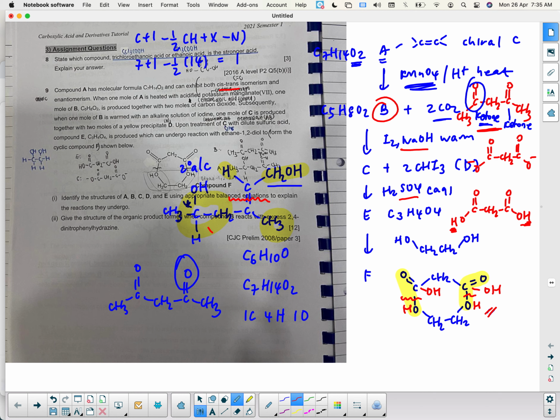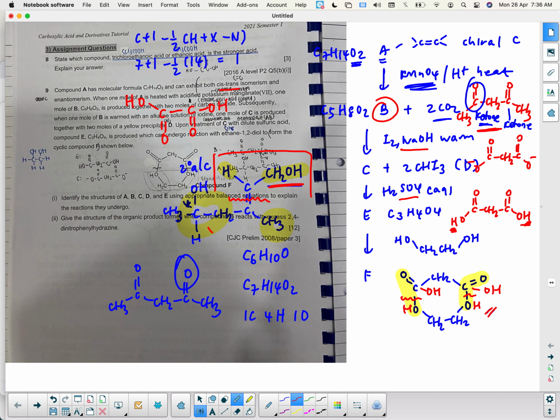But let's look at this side here. What happens to this part? When you oxidize it, it becomes C=O, then this aldehyde here becomes COOH. Look at it carefully, this is actually a primary alcohol, so when you oxidize, it becomes carboxylic acid.